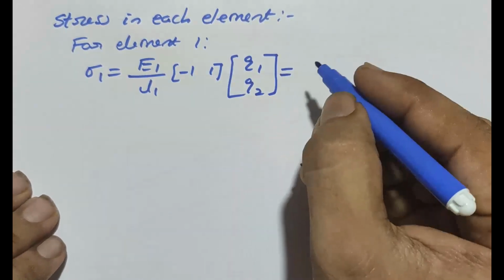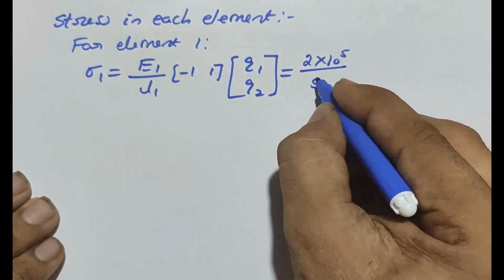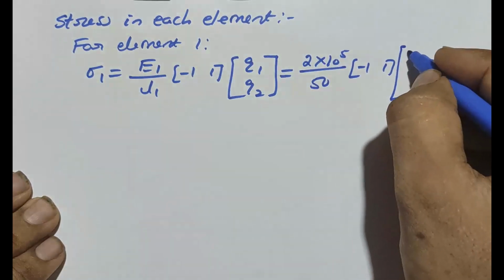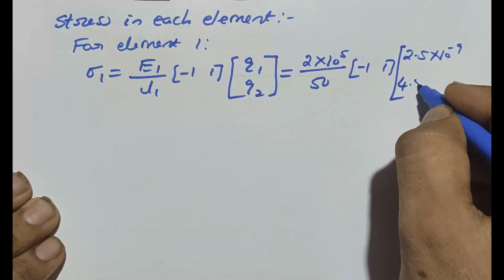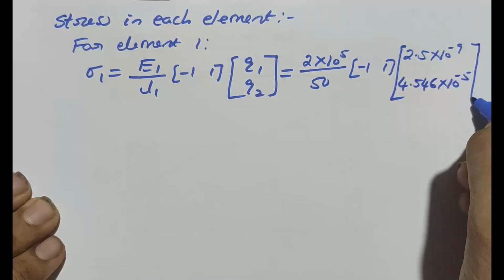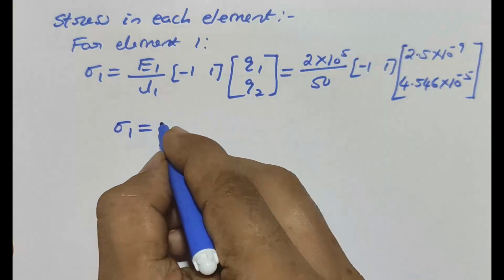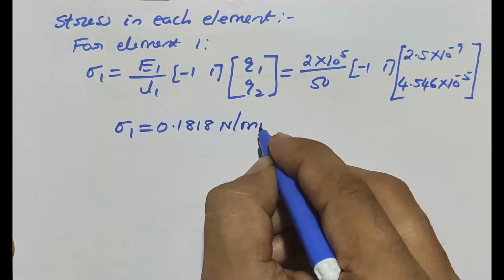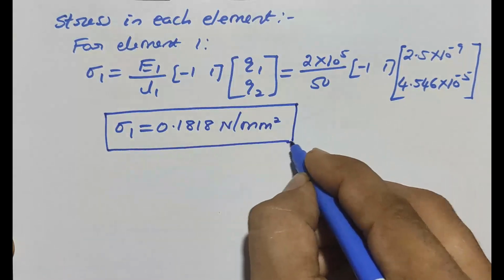Substitute the given values: E1 is 2 into 10 power 5 divided by length 50, into minus 1, 1, into Q1 2.5 into 10 power minus 9, Q2 is 4.546 into 10 power minus 5. If you simplify this, we will get sigma 1 is equal to 0.1818 Newton per mm square. This is the stress in element number 1.